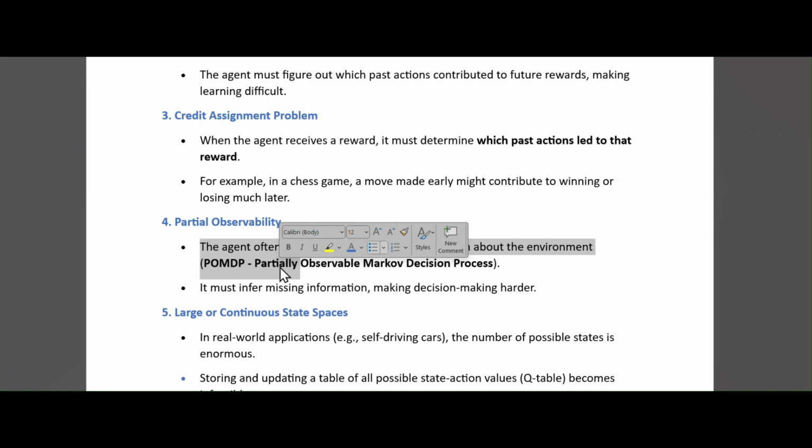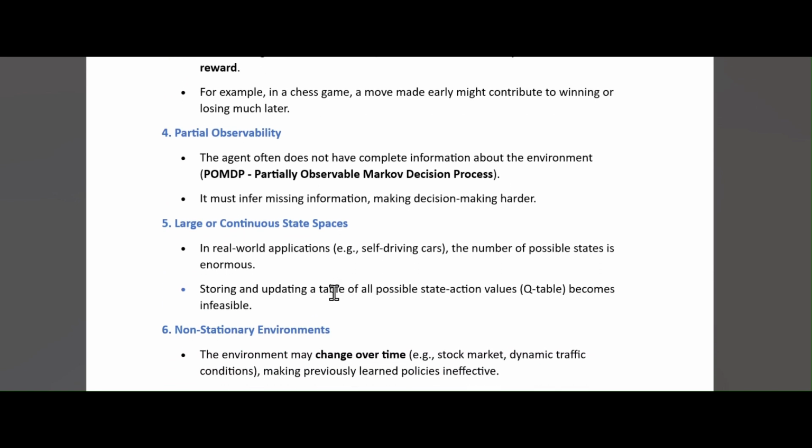So this might be a problem for the agent when the environment is only partially observable. And in large state spaces or continuous state spaces, the agent might have trouble, like trying to navigate a huge maze, where it's hard to know where to go. An RL agent may face this problem when the environment is very large or very complex.